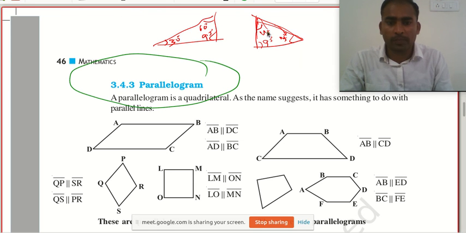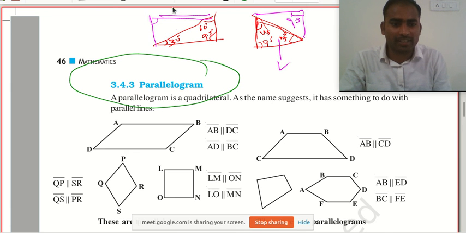If I use this type of set square in this way, then this is a square, and if I use these set squares in this way, this is a rectangle. You learned this in your class 6. And if I make this set square in this way, now this is a parallelogram.